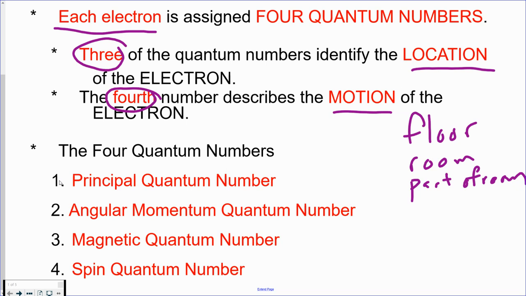The principal quantum number tells us what floor it is. Angular momentum tells us what room it is of the floor, or what apartment it is. And then the magnetic quantum number tells us what room within that apartment it is. So an apartment building probably works better than a hotel. And then the spin quantum number tells us within that room, how is it spinning? What activity is it up to?